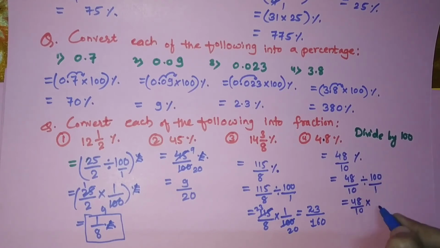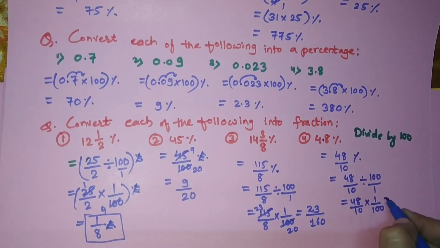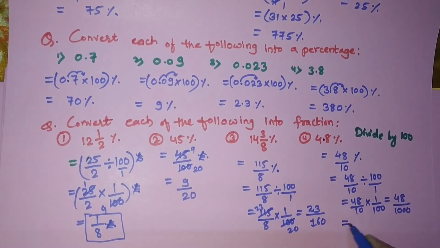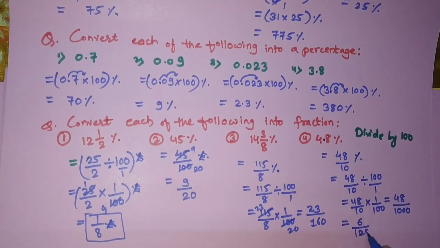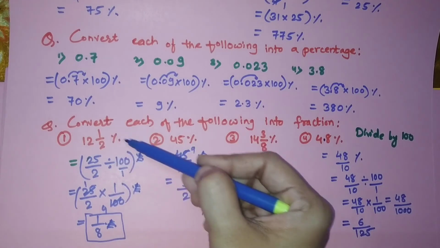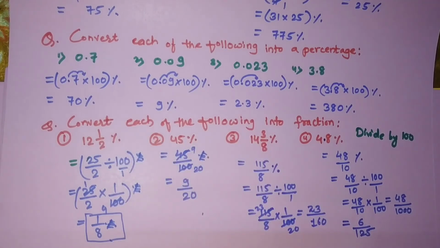Now this division sign will convert into multiplication. I'll take 1 upon 100. So just simply you will write down 48 upon, you'll get 1,000 here. And 48 upon 1,000 is nothing but 6 upon 125 in fraction form. So this is percentage form and we have converted it into fraction. 45% is 9 by 20 as a fraction and 12 1/2% is 1 by 8.